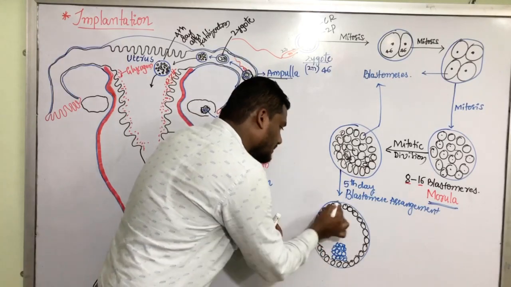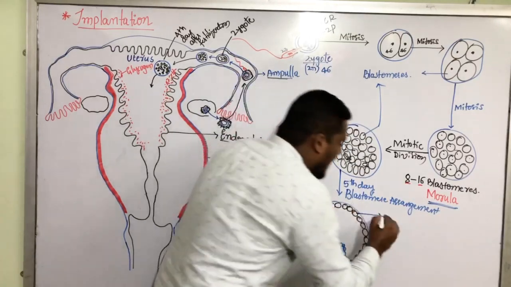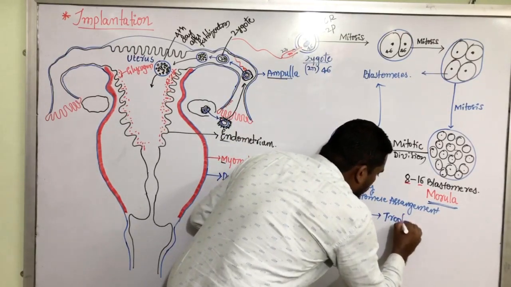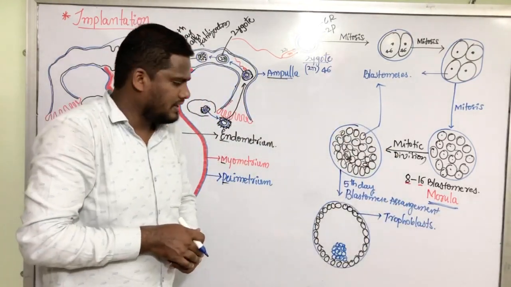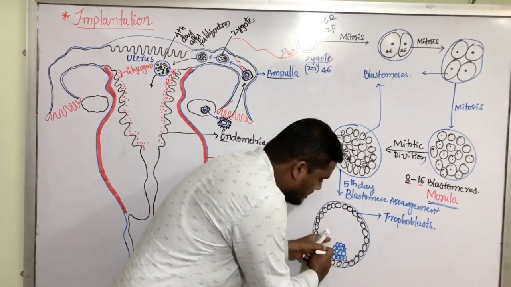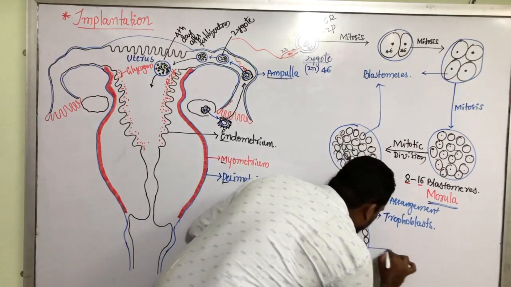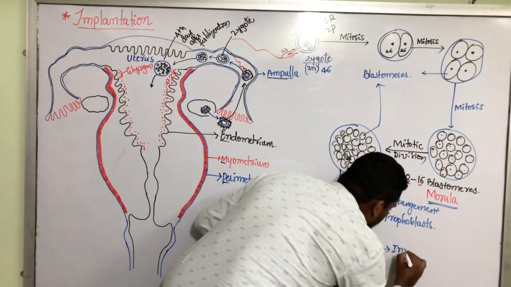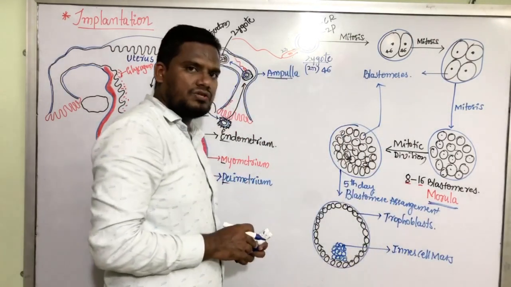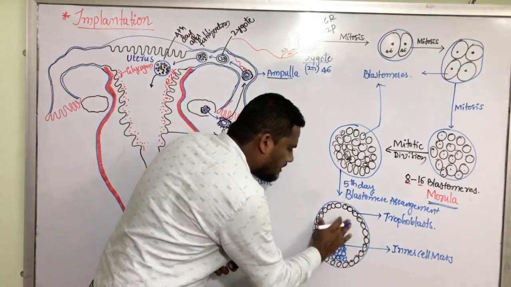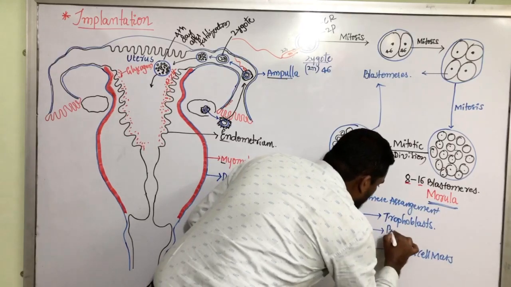But some of the cells get arranged outside. These cells which are arranged outside are called trophoblasts. Whereas the cells which are arranged in a knob-like structure are called the inner cell mass. And there is a cavity here. This cavity is called the blastocoele.